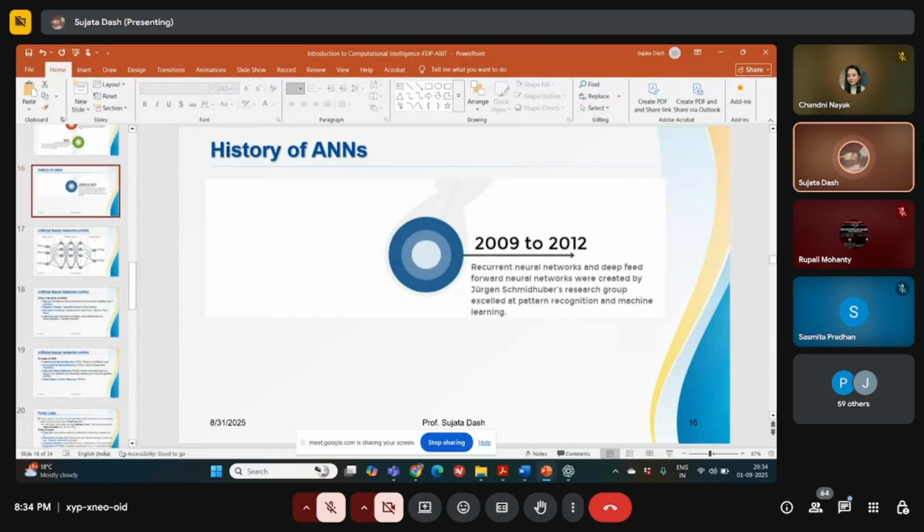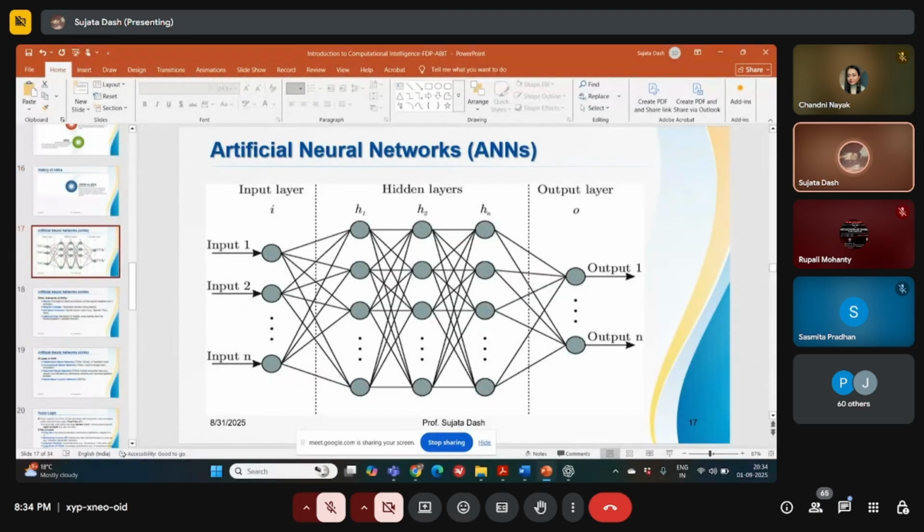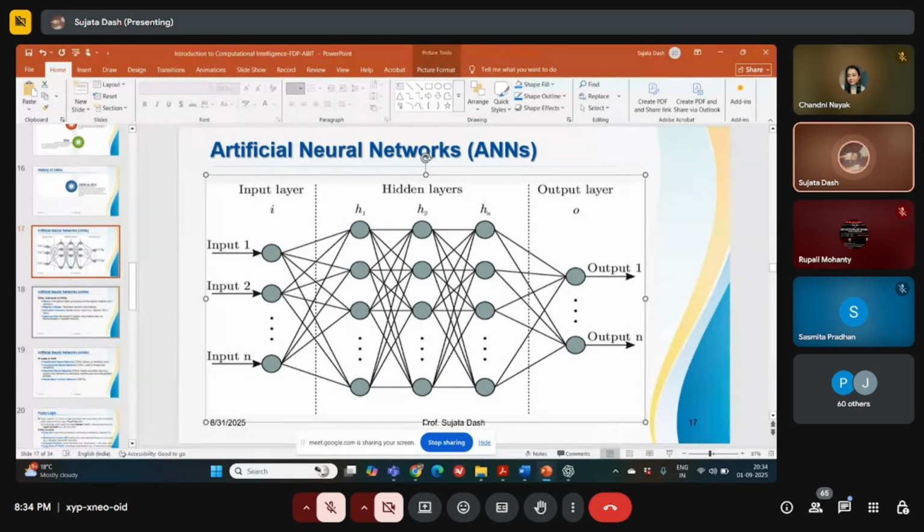Then coming to the architecture of artificial neural network, this is the way we design the neural network architecture. Input comes to the neurons in the input layer. We call them input layer neurons. The input layer neurons simply forward the input to the next layer, which is called the hidden layer.